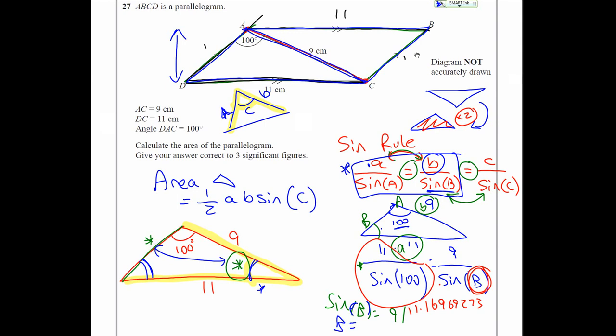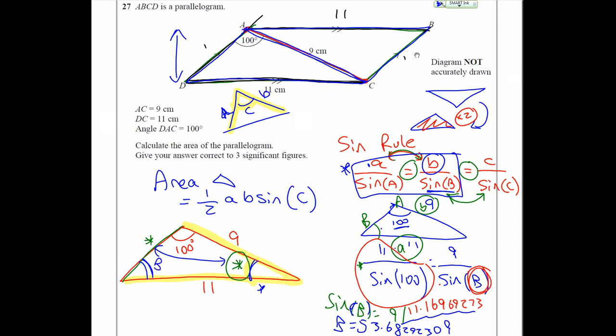So we need to do sine to minus 1 of all this. On your calculator, shift sine. I had it saved as my answer, so that's why I'm doing it a little bit quicker. 53.68292309. So we now know this angle.